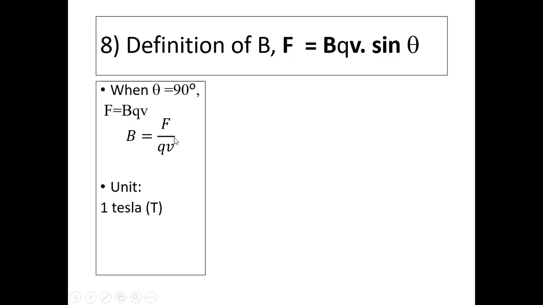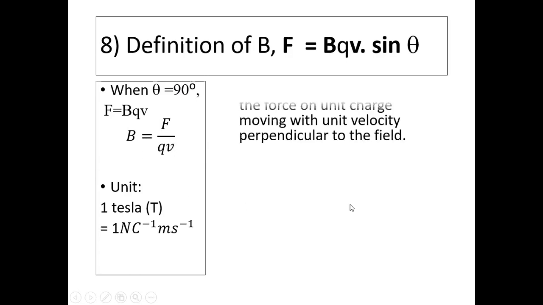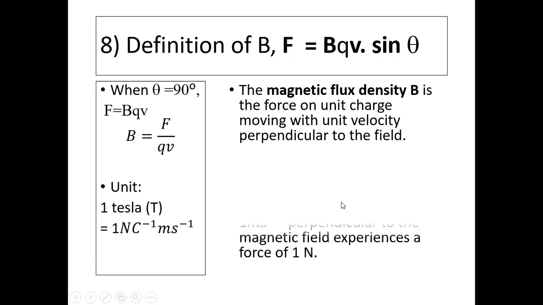Then we can see we call B 1 Tesla, where the force is 1 Newton, the charge is 1 Coulomb, and velocity is 1 meter per second.